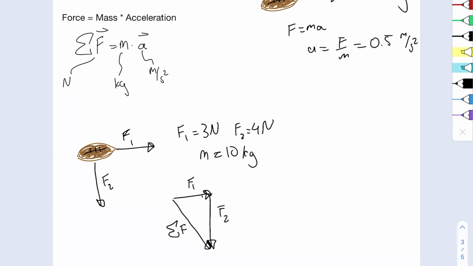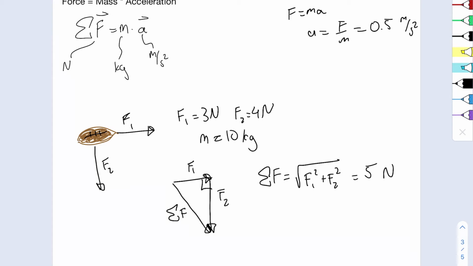Since we know this is a right angle because F1 is to the right and F2 is going downwards, the net force is equal to the square root of F1 squared plus F2 squared, from Pythagorean theorem. We plug in our numbers and we get the net force is equal to 5 newtons.